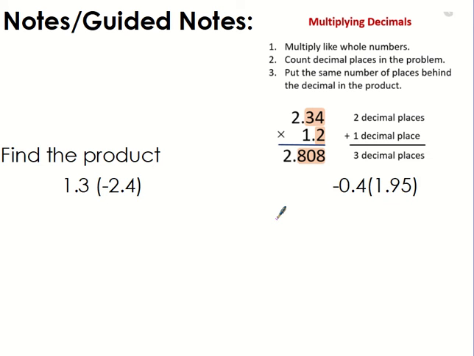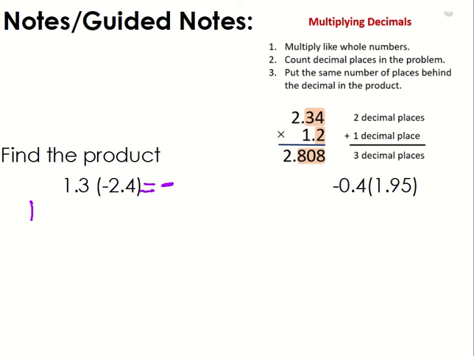So let's do this first one. We've got 1 and 3/10 times -2 and 4/10. So we apply integer rules. Since these are opposite signs, our final answer to this product will be negative, just like in an integer.